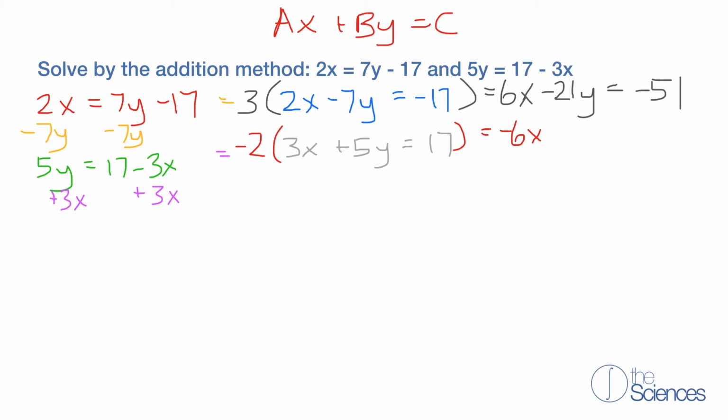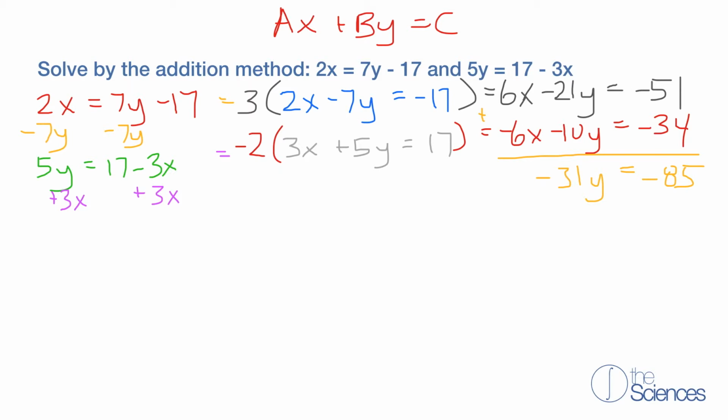Negative 2 times 5y is negative 10y equals negative 2 times 17 is negative 34. So now when we add these up, we get 6x plus negative 6x, which is 0. We have negative 21y plus negative 10y, which is negative 31y, equals negative 51 plus negative 34 is negative 85.